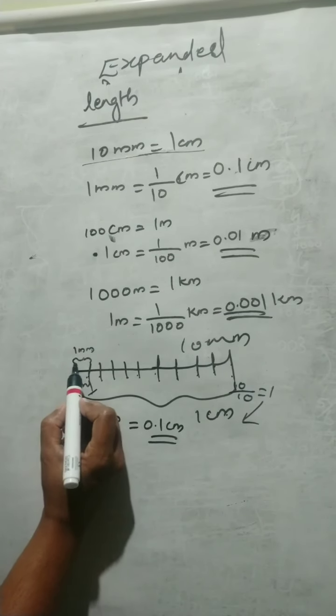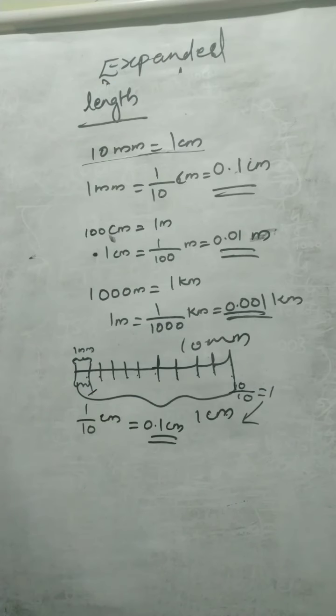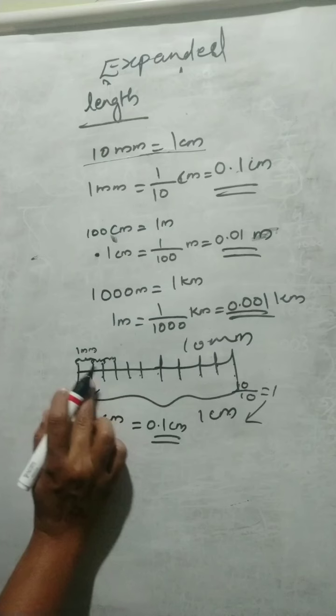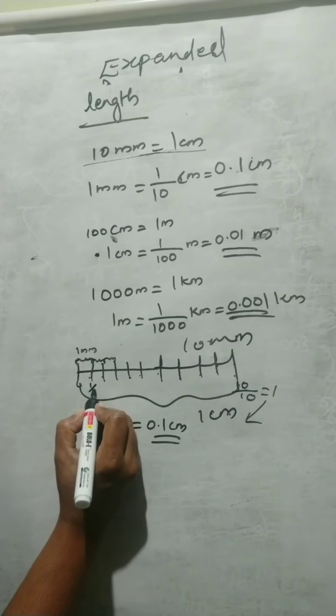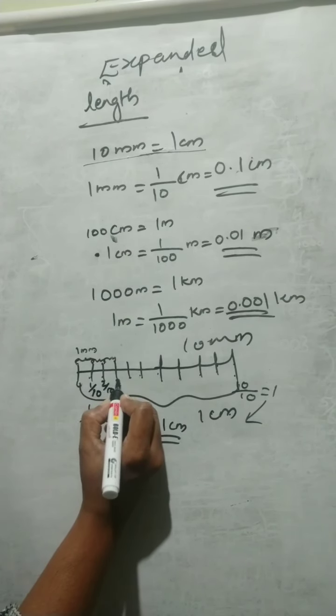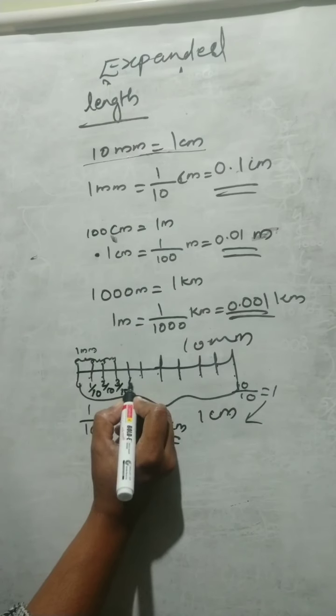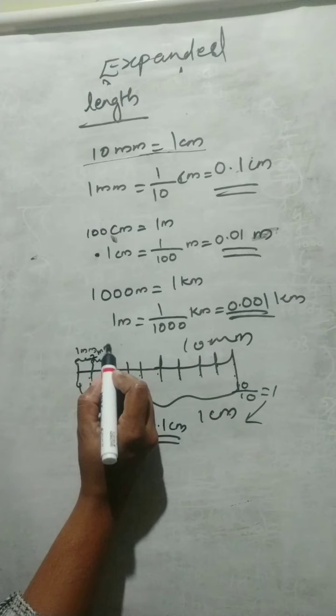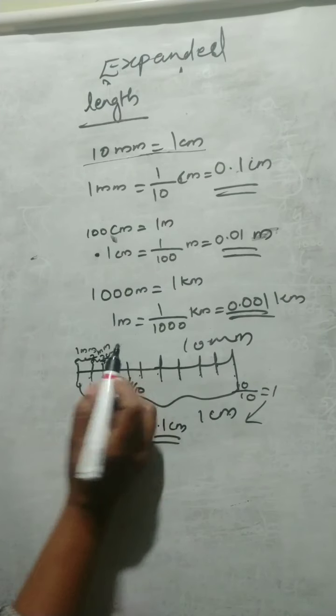That means this is 1 millimeter, then this is 2 millimeter, 3 millimeter. So we can write this in the form of 1 on 10, 2 on 10, 3 on 10, 4 on 10.